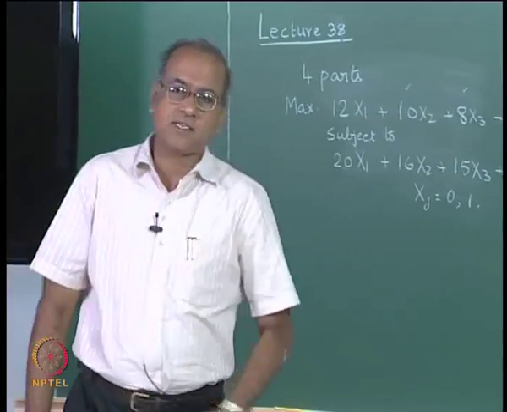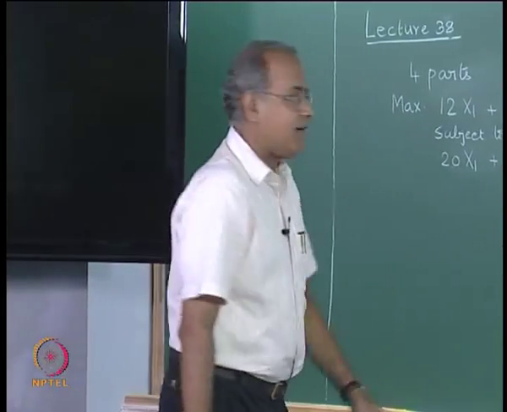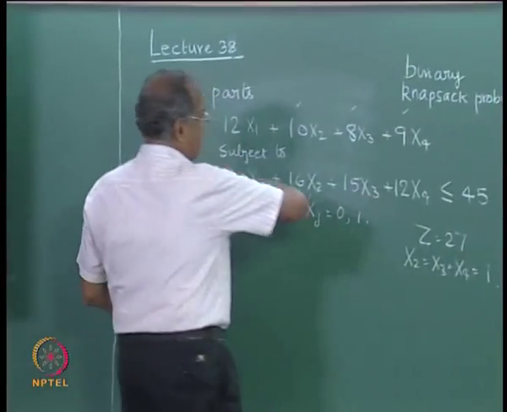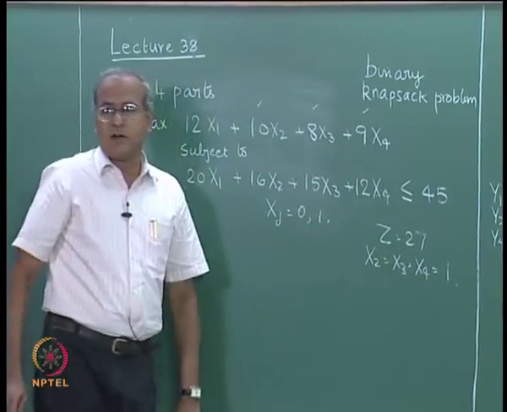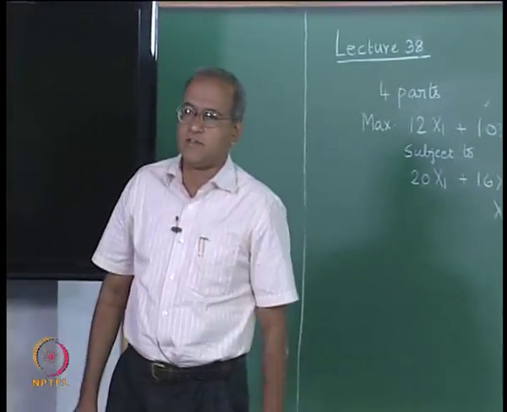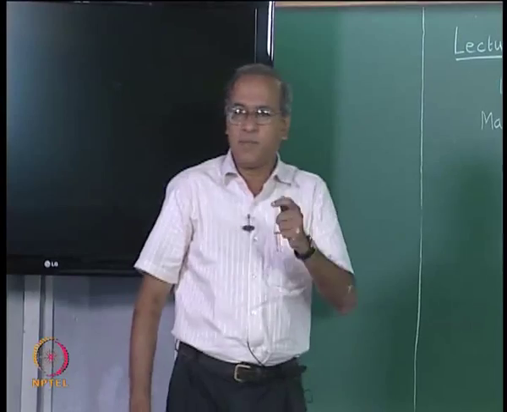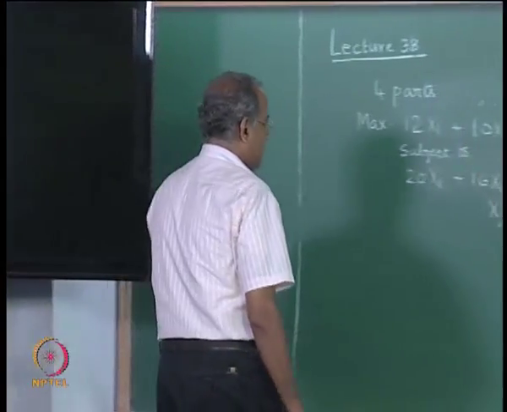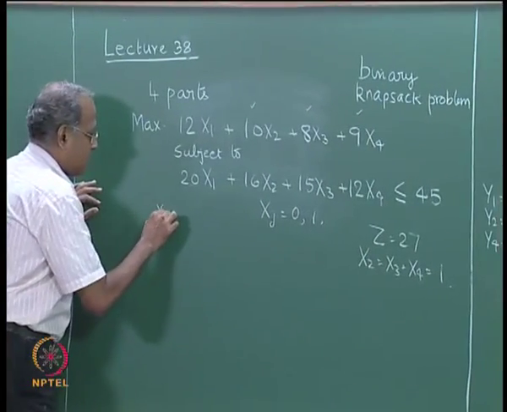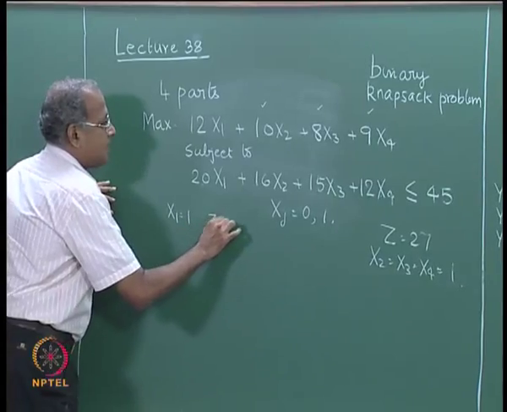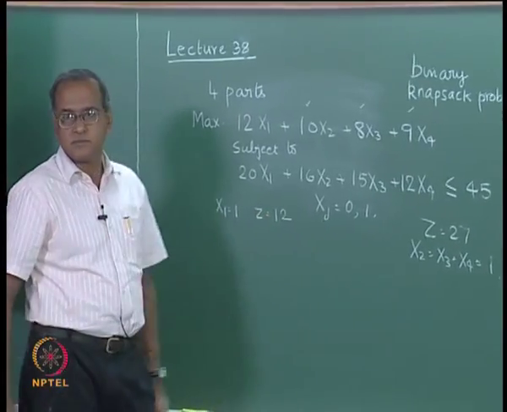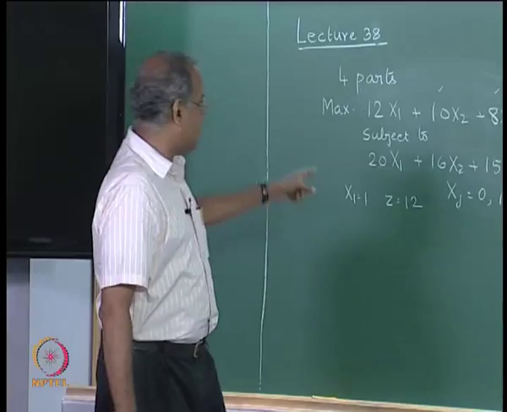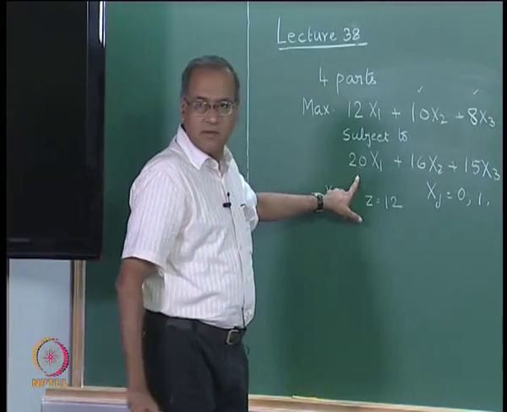But if we had not sorted the variables, and if we had tried to solve this problem as it is without sorting or rearranging the variables, and if we apply this heuristic, we would start with x1 equal to 1, z equal to 12. Now, x1 equal to 1 takes away 20 units of time.